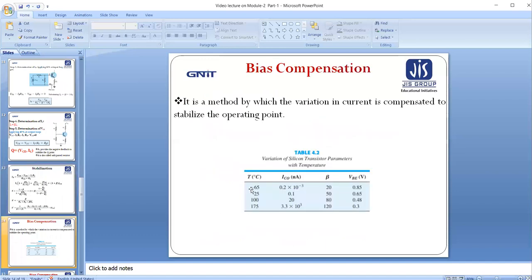Now we shall discuss the bias compensation. Actually, what happens, although we are introducing the RE to self-bias the circuit, still we cannot fully overcome the temperature effect.